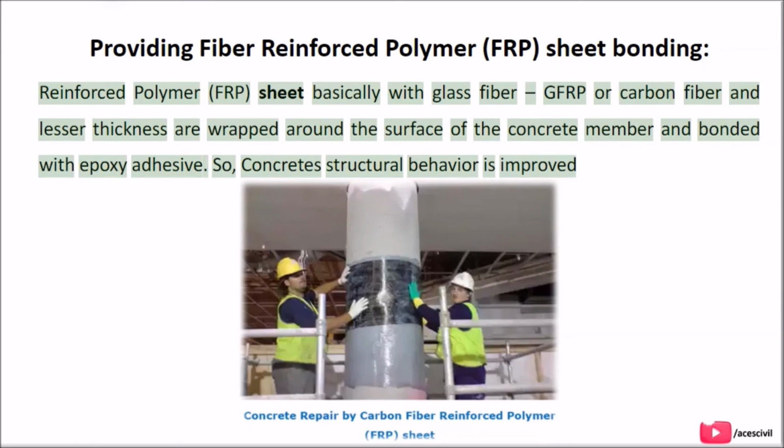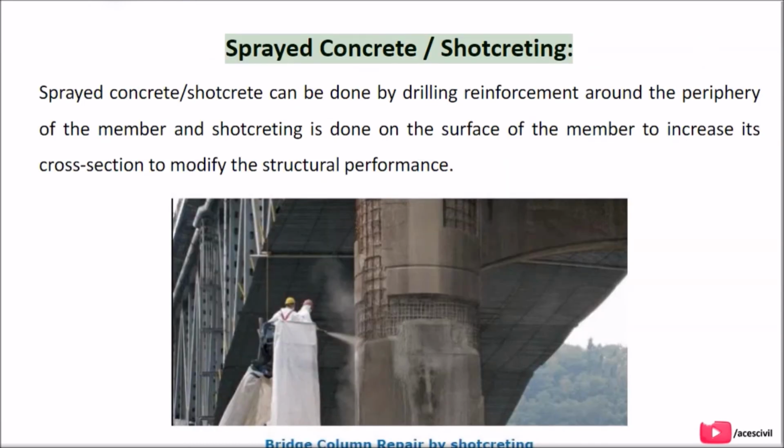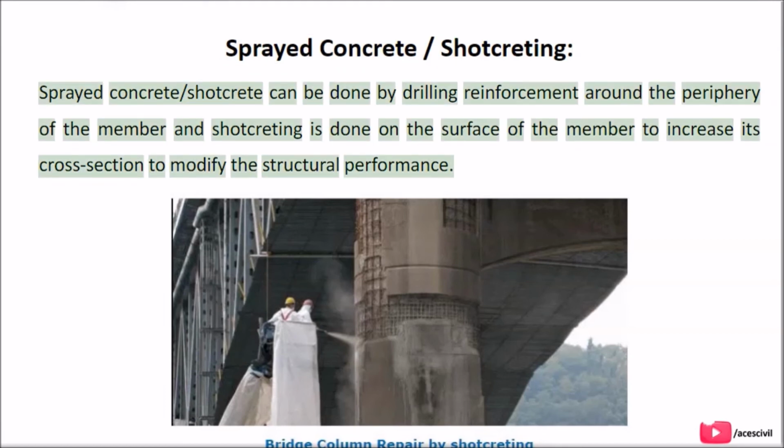So, the concrete structural behavior is improved. Sprayed concrete, shotcreting: shotcrete can be done by drilling in reinforcement around the periphery of the member, and shotcreting is done on the surface of the member to increase its cross-section and modify the structural performance.